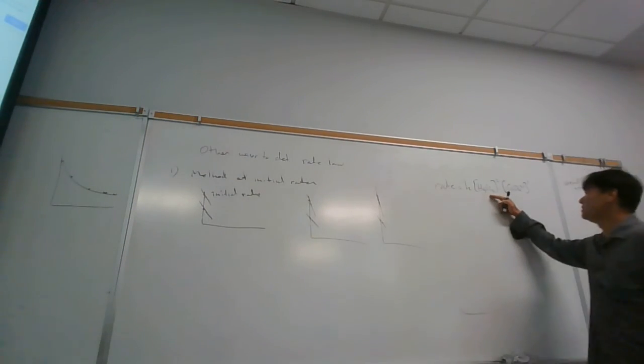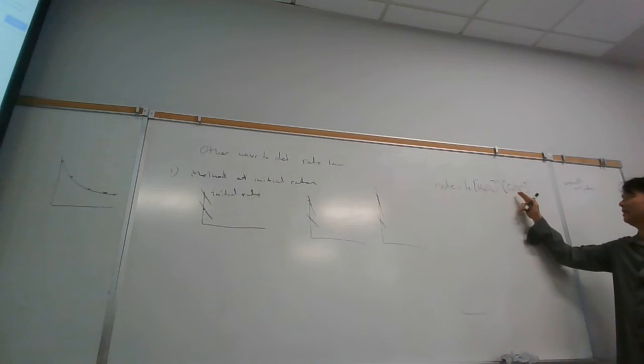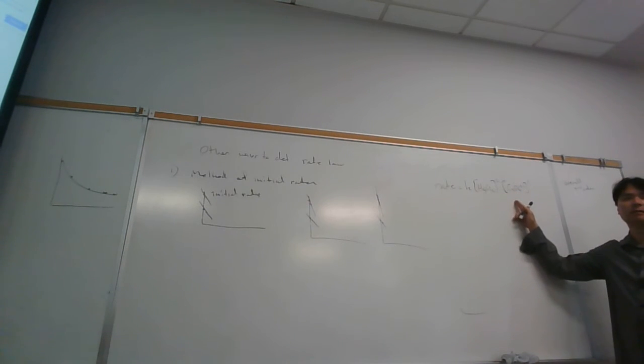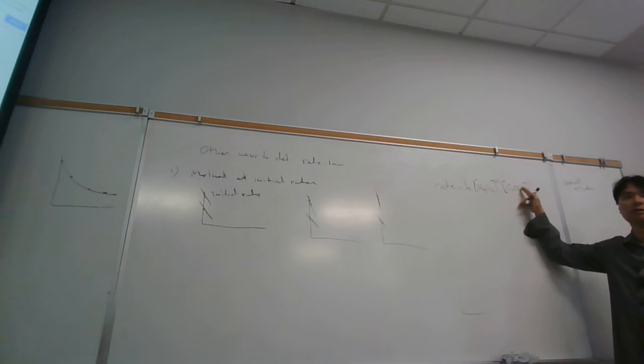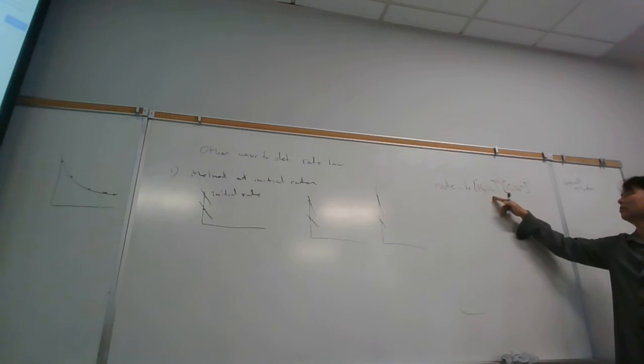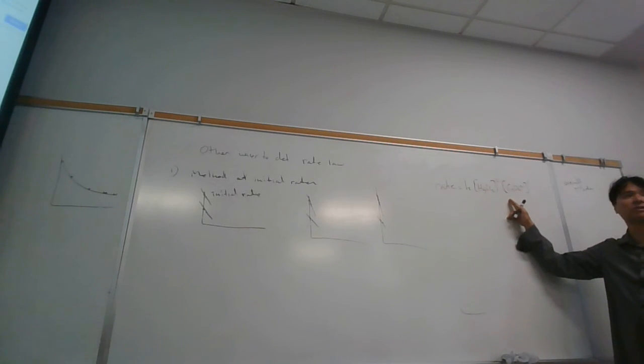So for example, if I doubled the mercury and I doubled the oxalate, what would happen? So if I doubled the mercury, that would be 4 times faster. And if I doubled the oxalate, it would be 2 times faster. So if it's 4 times and 2 times, then the whole reaction would be 8 times faster.